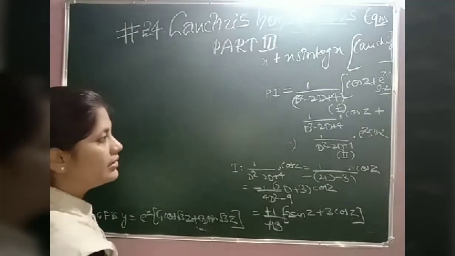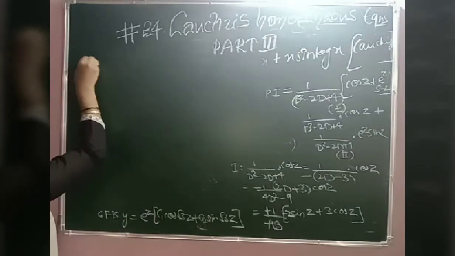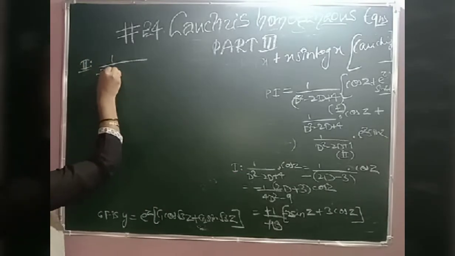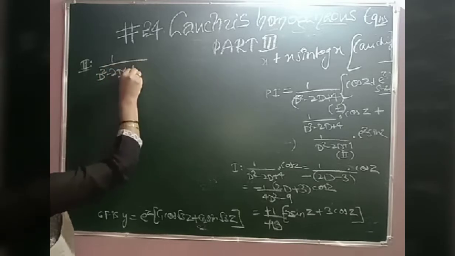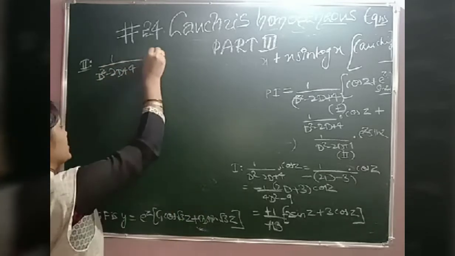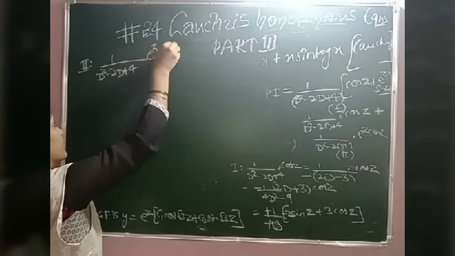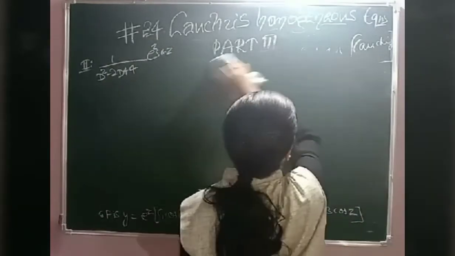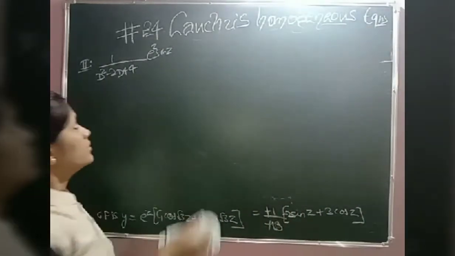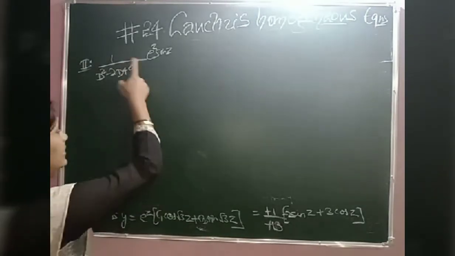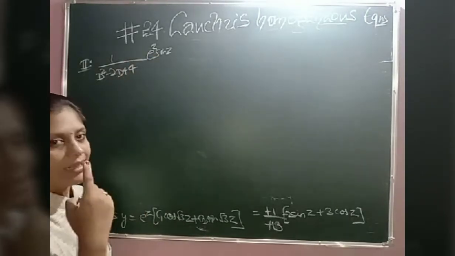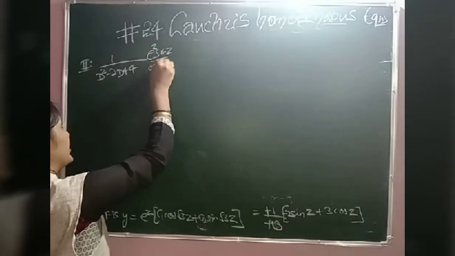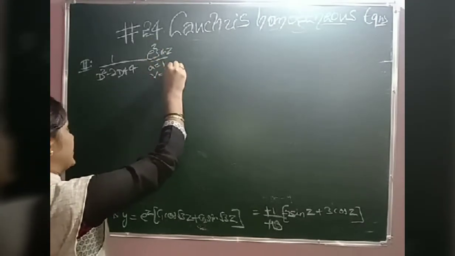So the second part can be written as 1 upon d square minus 2d plus 4 of e power z sin z. So this can be written as e raised to z into V form, e power z, wherever D is D plus a, a equal to 1 here, V equal to sin z here.